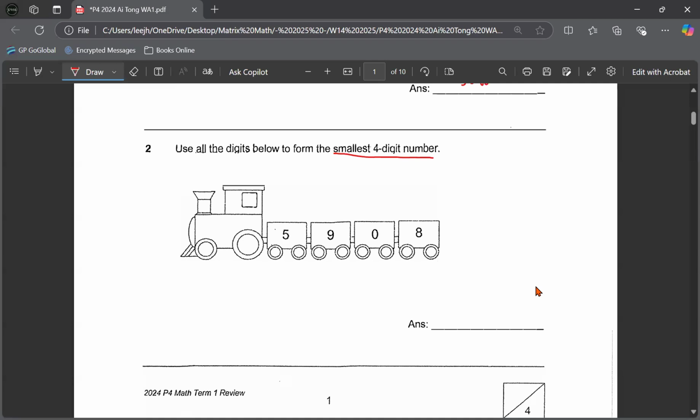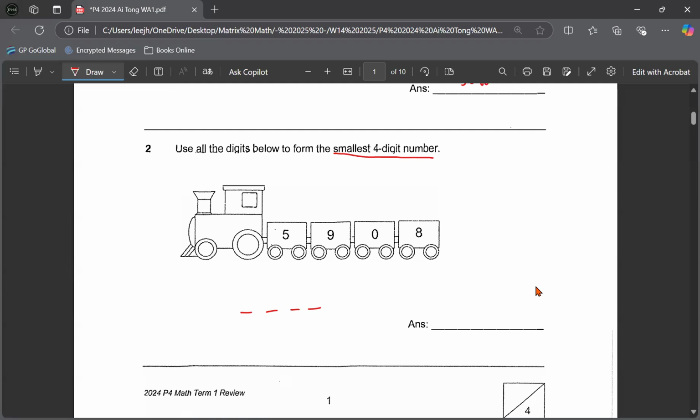Okay. Question 2. Use all the digits below to form the smallest four-digit number. They didn't say even or odd. So you just arrange the numbers in the sense that you can get the smallest four-digit number. So if you look at these numbers, right, definitely you will tell me the smallest digit is a 0. But bear in mind that we do not begin with a 0. So that means the 0 cannot go at the thousands place.